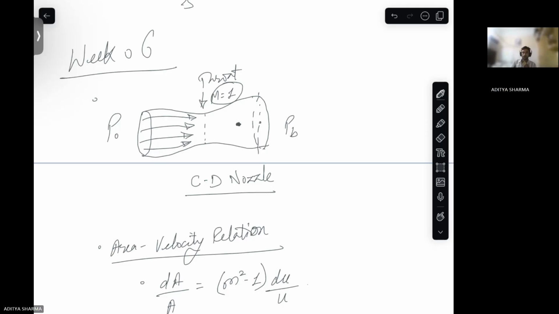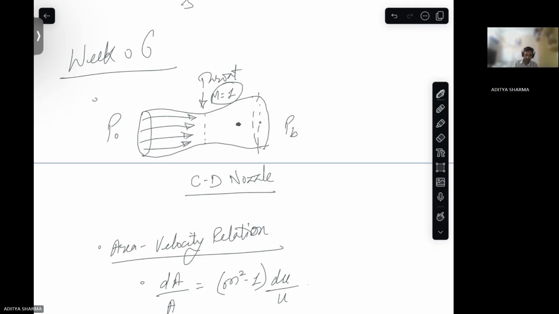So your static pressure reduces, and it becomes less than your back pressure, right? In this case, this is basically what we call overexpanded flow. Okay. So your flow has overexpanded, right?